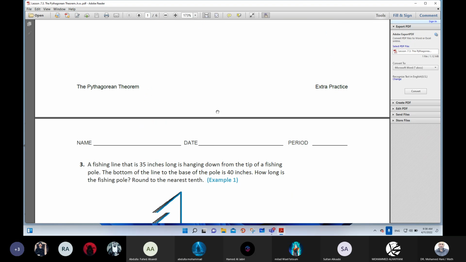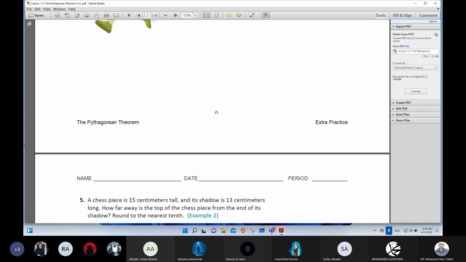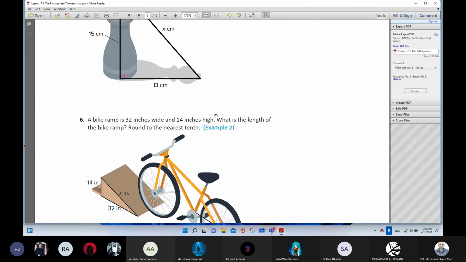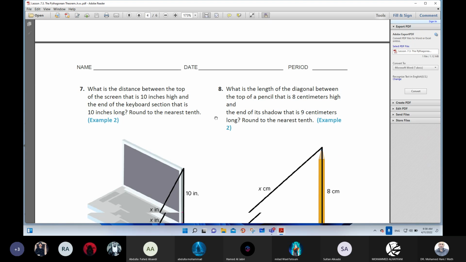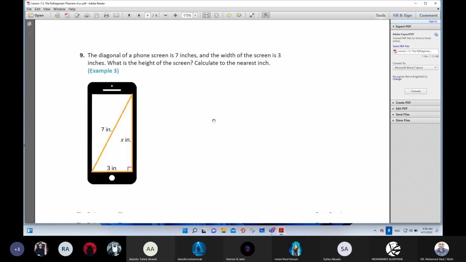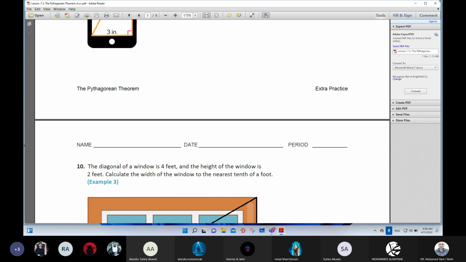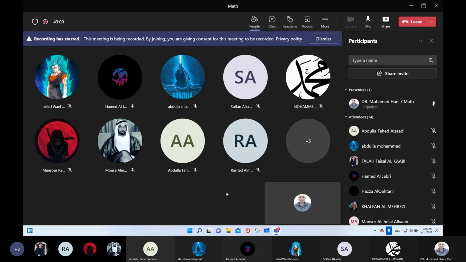So this is the homework I will send to you in the Teams, and I want all of you to send me the homework today, and tomorrow inshallah I will check all the homework and we will solve it together. Then I will send you the answers. Okay?